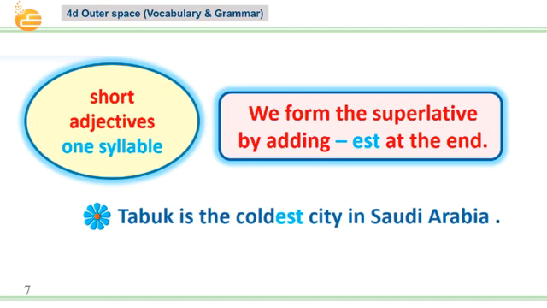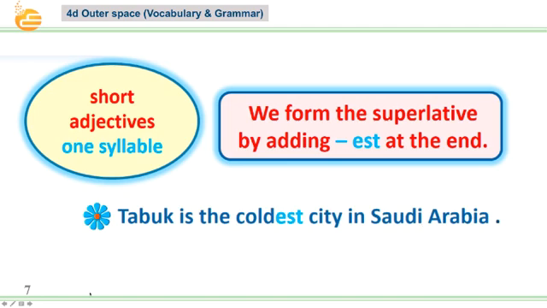We have short adjectives and long adjectives. What is a short adjective? Short adjectives have 1 syllable. We form the superlative by adding est at the end. Cold, 1 syllable: the coldest city in Saudi Arabia.